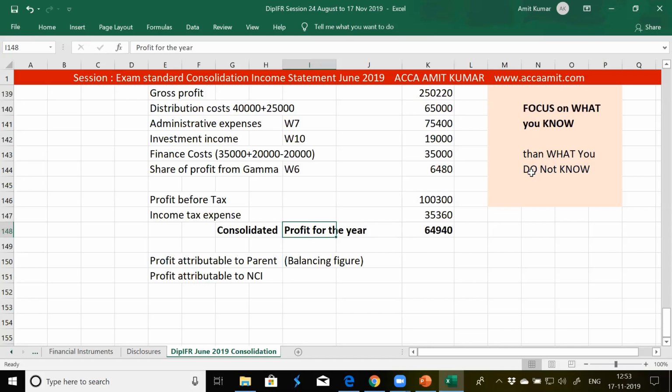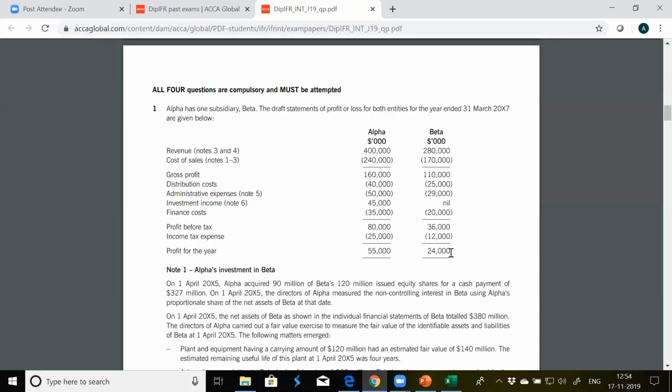By applying the percentage to 64,940, we are committing a blunder by giving NCI a share in the parent's profits as well. Do not commit this mistake. So what we do, we always pick the profit from beta's balance.